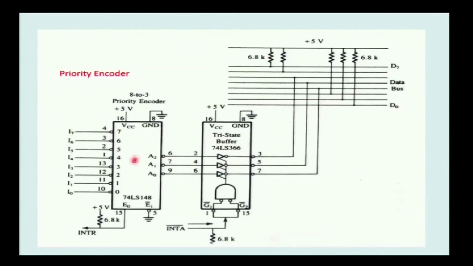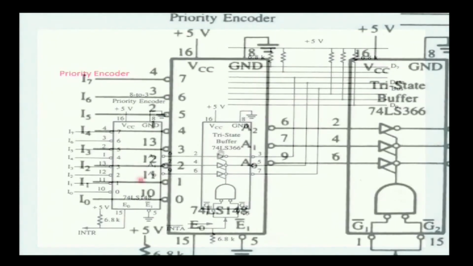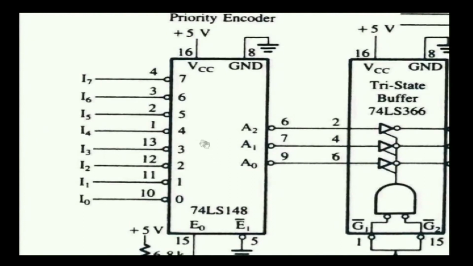This is an 8x3 priority encoder, which has 8 inputs with 3 output lines. The input lines are connected as interrupt levels, interrupt 0 to interrupt 7. When any one interrupt is active, that is low, the corresponding number will be passed to the output lines. Suppose 4 is selected, then 100 will be given as output.